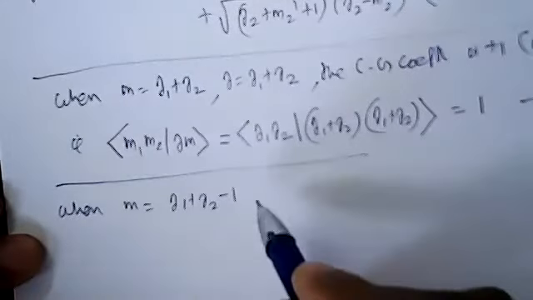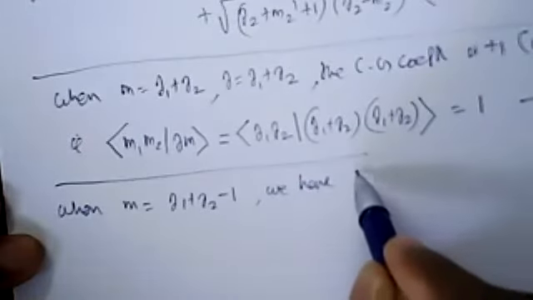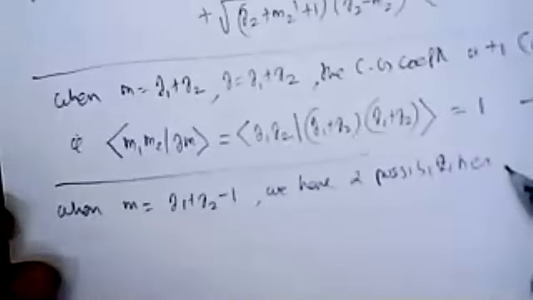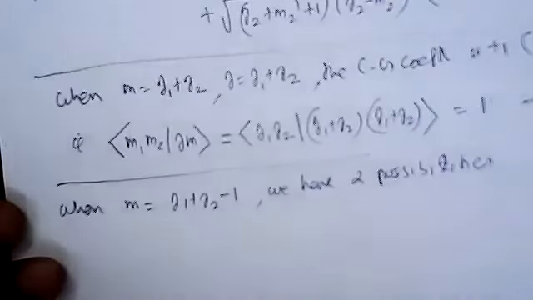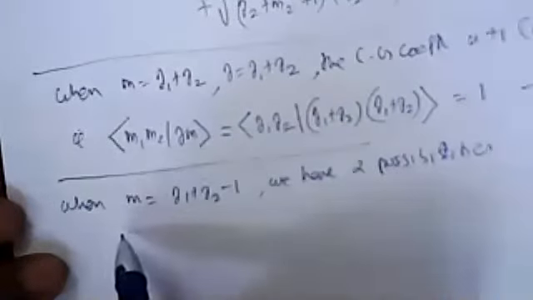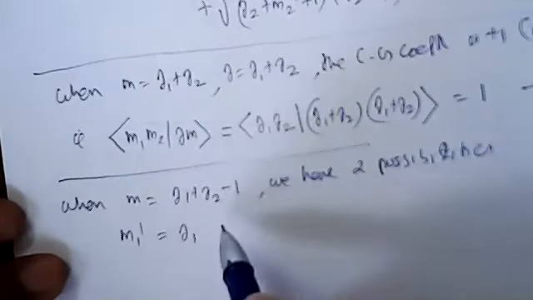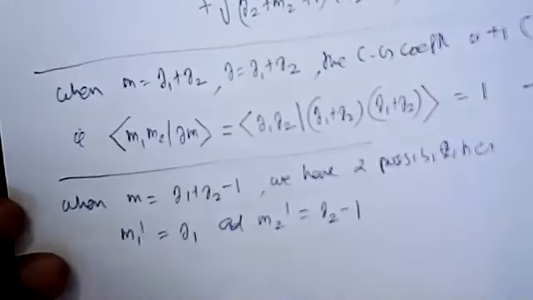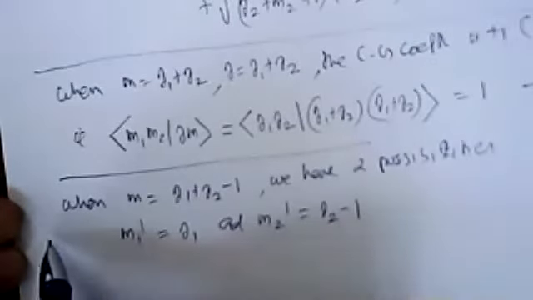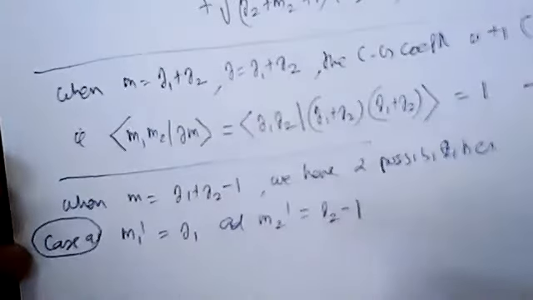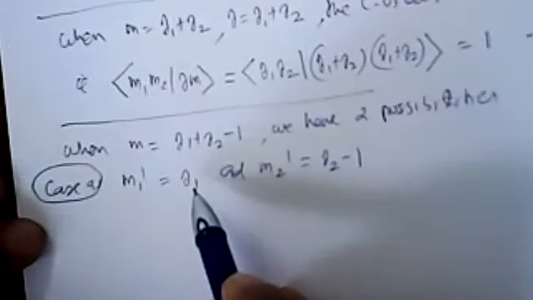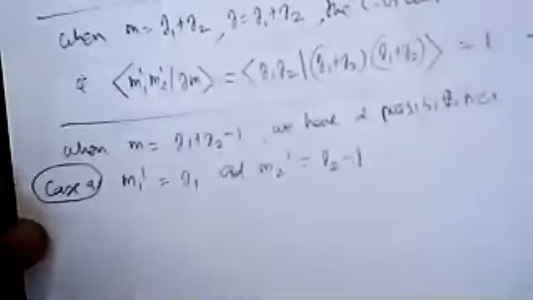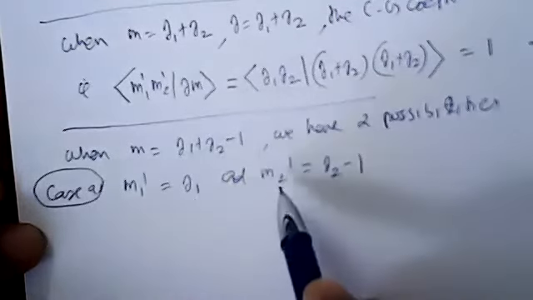So we have two possibilities for m1' and m2'. Case A: m1' equal to J1 and m2' equal to J2 minus 1.